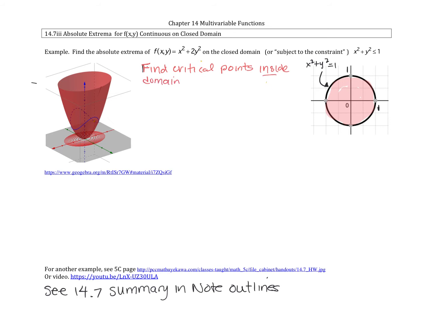And then we're going to look at what happens on the boundary separately, just like we did. So critical points here: fx equals 0, fy equals 0, is 2x equals 0 and 4y equals 0 from here. And so we just get the point (0, 0). That's our only critical point.